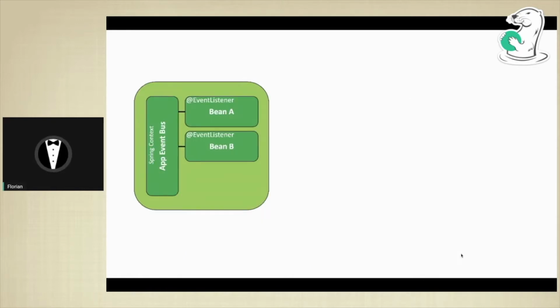Spring Cloud Bus is based on the very common and well-known concept of application events that you have in Spring. If you write a Spring application and you have several beans inside of that application that require feedback about the application lifecycle, or that want to exchange information in a loosely coupled fashion, then what you can use in a Spring Boot application, or in a Spring application in general, is the application events.